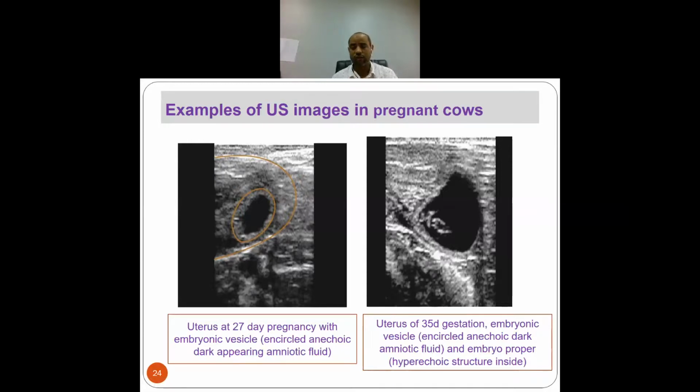I think in the next semester we will learn about embryogenesis. Until day 42, it is an embryonic stage. It's not a fetal stage, right? The fetal stage comes after day 42 of pregnancy. So until then, we refer to it as embryo. So this is the embryo proper that you see surrounded by the big area of amniotic fluid, which appears to be dark. Okay.